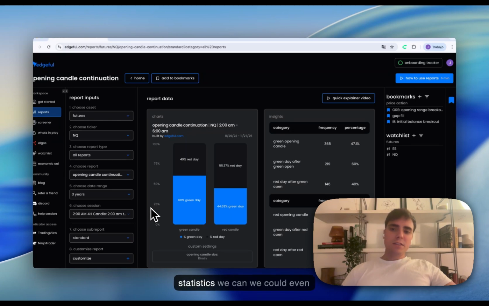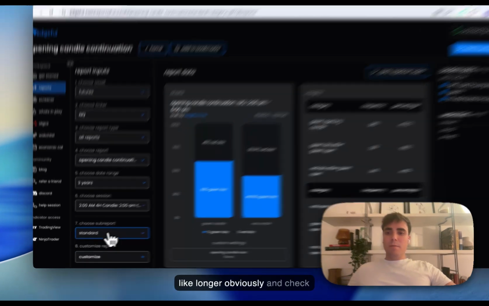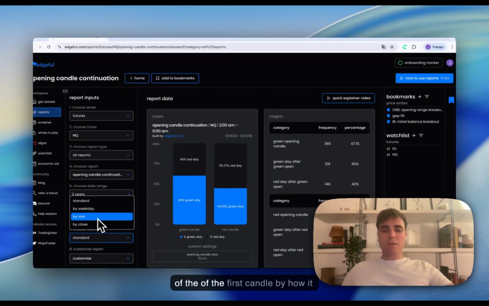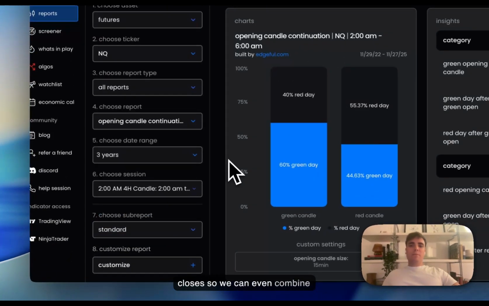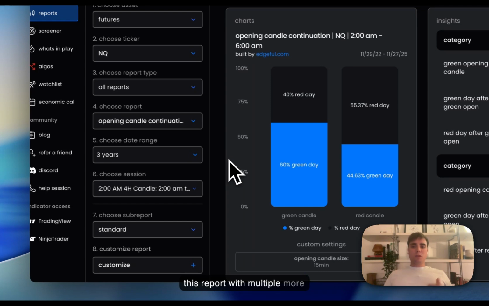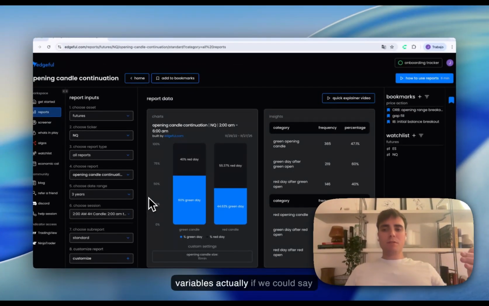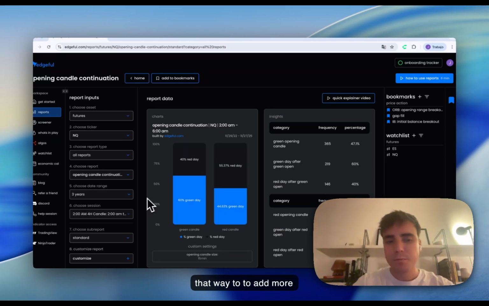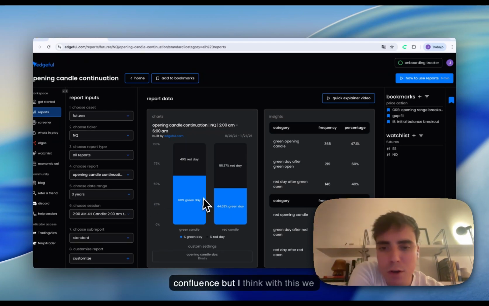Looking at these statistics, we could even go deeper and check subreports by weekday, by size of the first candle, by how it closes. So we can combine this report with multiple more variables to add more confluence.